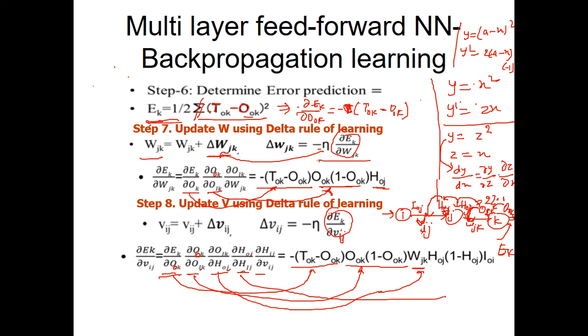Fourth will be the sigmoid; whenever there is a sigmoid function, you will get it like this. And fifth one, this one. This way you will get the derivative with respect to Vij. Now this will be used for updating the weights for Vij. You put this in a loop, i from 1 to m, j from 1 to n, then all the weights will be updated.